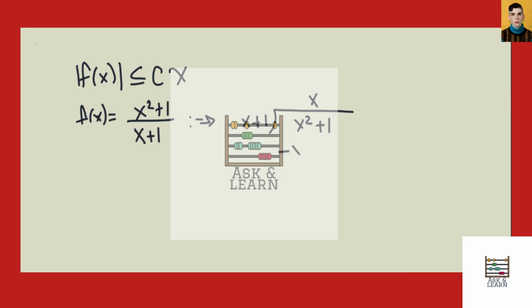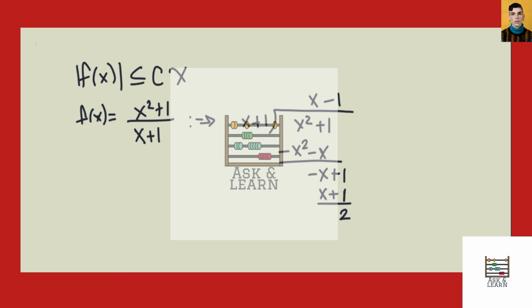We subtract x squared minus x here. We get a minus 1. We get negative x plus 1. So we take x plus 1 here, and that gives us a 2. So the quotient is then x minus 1 with remainder 2.